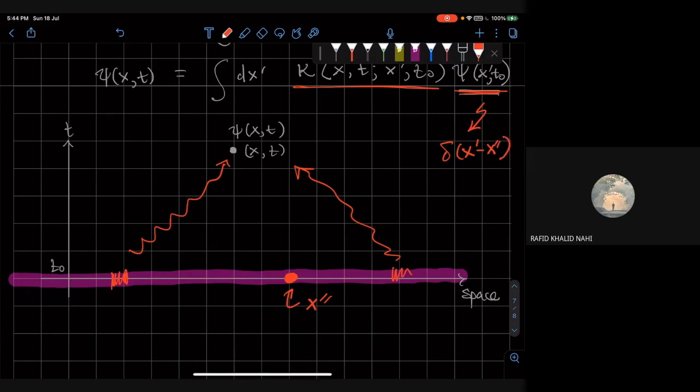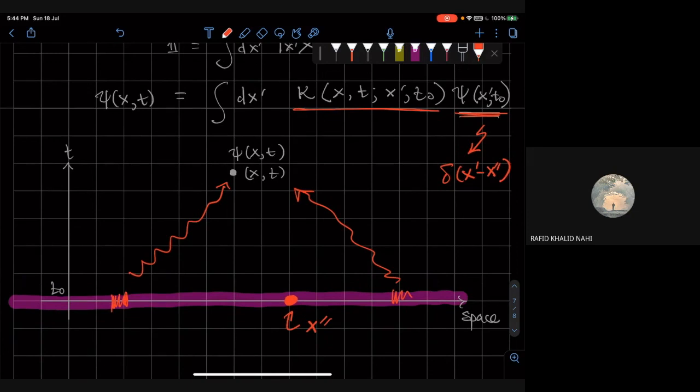Then you can do this integral very easily, and the result is K(x, t; x double prime, t0), right? Yes, sir. I've just done this integral using the delta function.